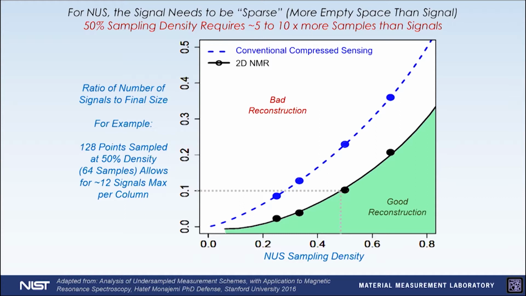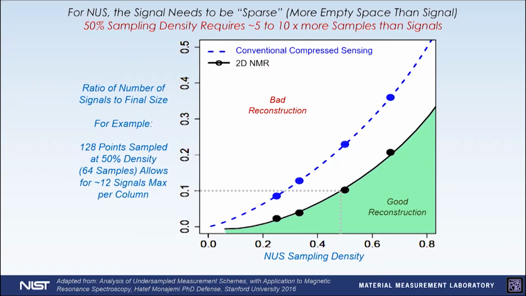But the other thing is, and if we think about it, it makes perfect sense, the number of samples that we acquire has to be sufficient to describe the number of signals in the data. So very obvious, but the implications are a little surprising.